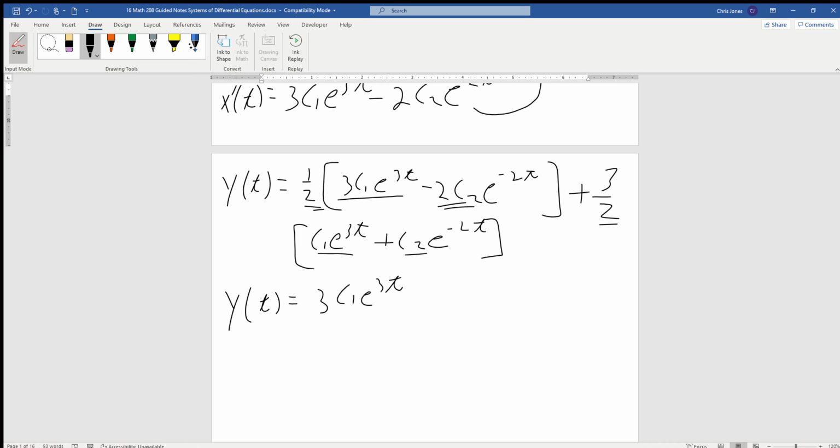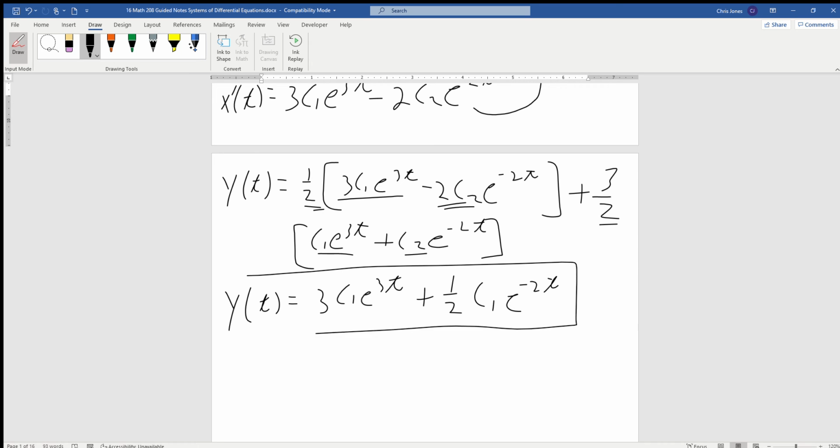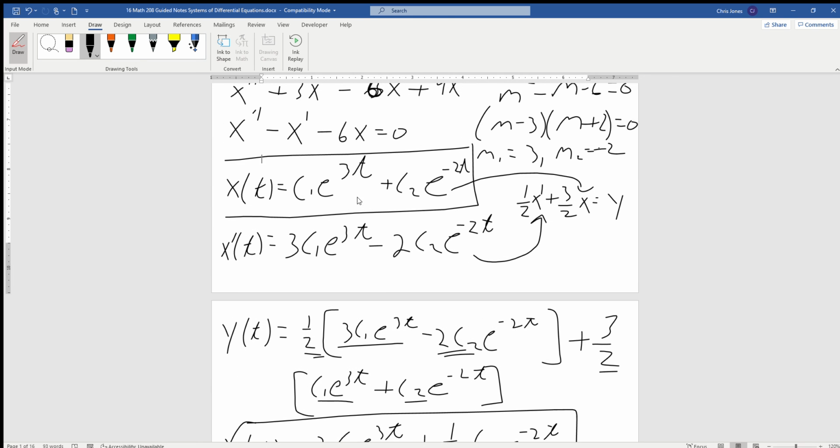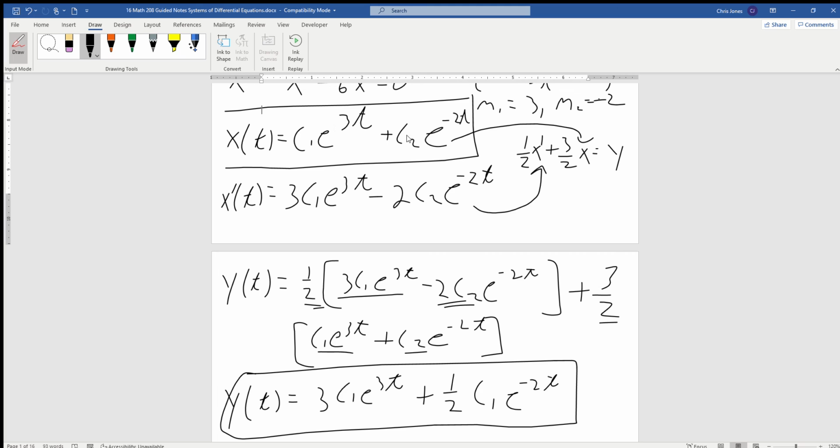So 3 halves minus 1 is going to be 1/2. So this will be 1/2 c2 e to the minus 2t. So now we have the general solutions to both. So now we have our x at t, which is c1 e to the 3t plus c2 e to the minus 2t, and then y at t, 3c1 e to the 3t plus 1/2 c2 e to the minus 2t.